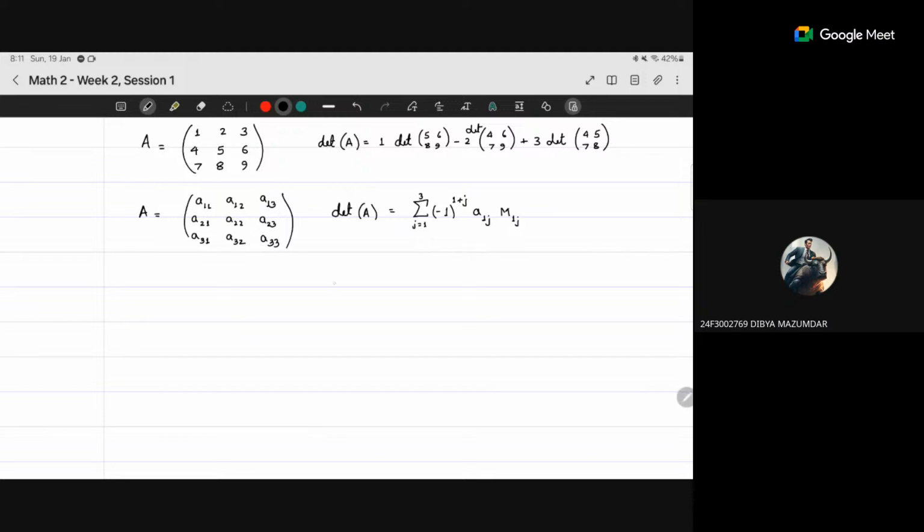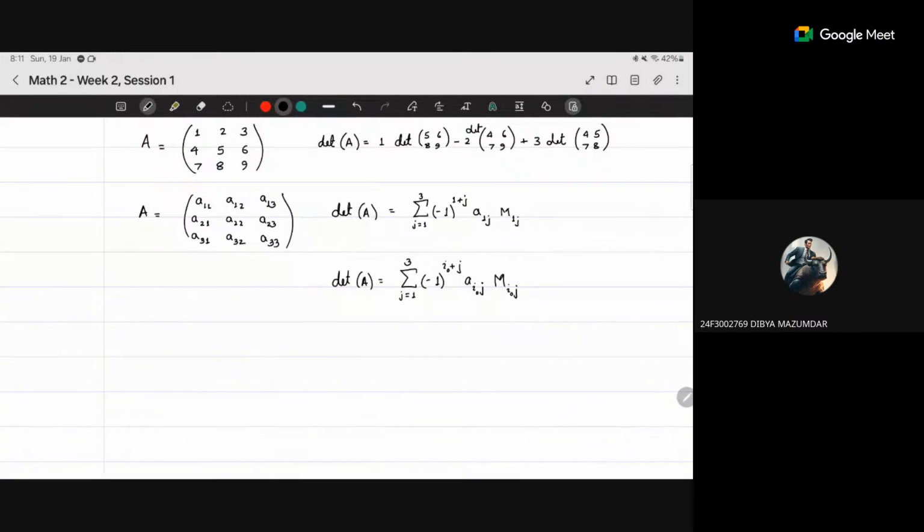So the most general formula is, suppose I'm expanding along the ith row, just to emphasize that that coordinate is fixed, I'll write it as i naught row. Then it would be A i naught j.